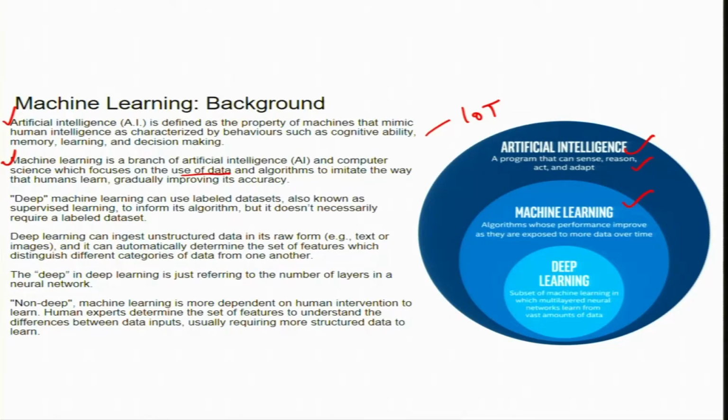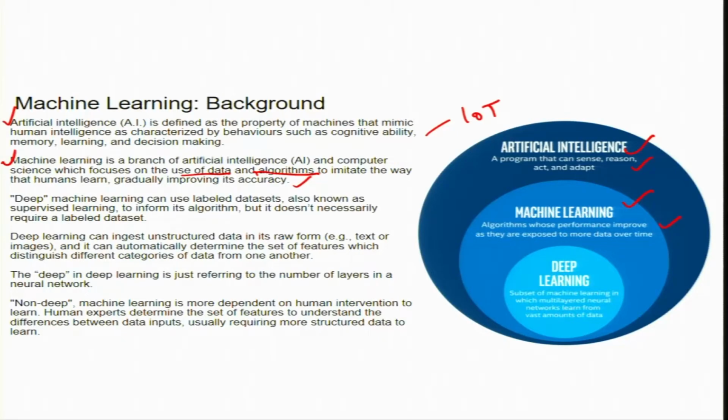It focuses on the use of data and machine learning algorithms to imitate the way humans learn through examples, and gradually improves the accuracy of learning for making predictions. Therefore, machine learning algorithms are those whose performance improves as they are exposed to more data over time.